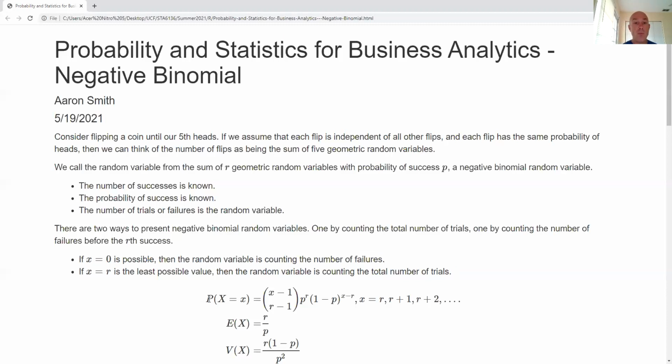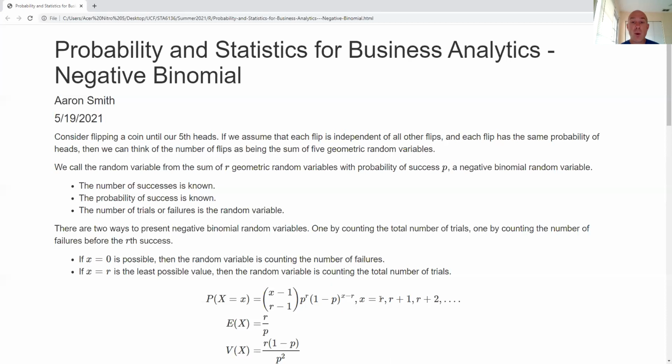All right, so here, the probability of a particular value, there's a lot to unpack here. It's going to be the probability of success on one flip to the power of R, times the probability of failure on a flip to the power of X minus R, and then we're going to have this binomial coefficient of X minus 1 choose R minus 1.